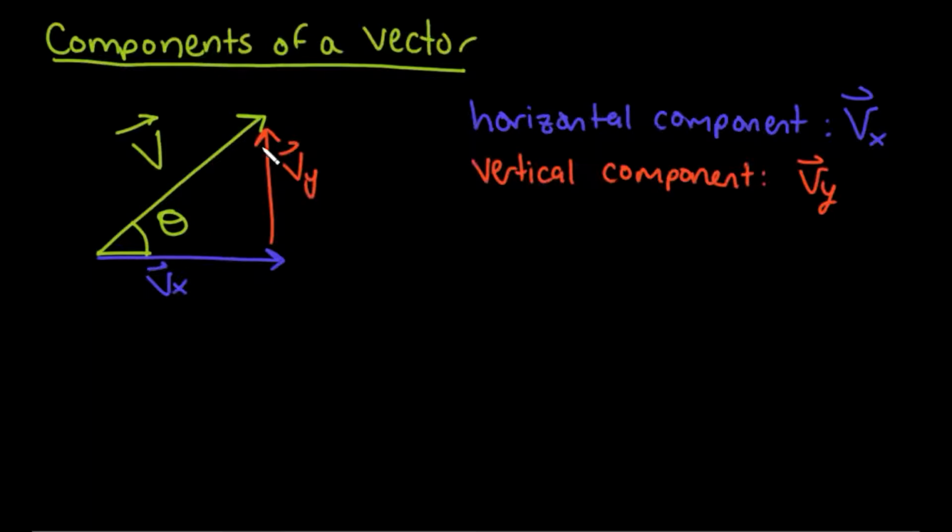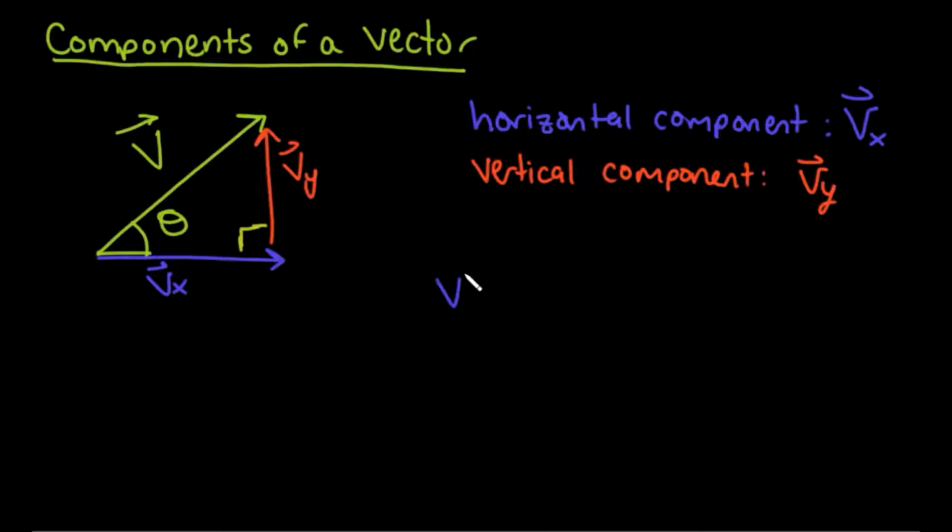Now, if you've noticed, we've actually drawn a right triangle. Right here, there's a little right angle. Because we have a right angle, we can actually use trigonometry to figure out formulas so that we can calculate our horizontal and vertical components.